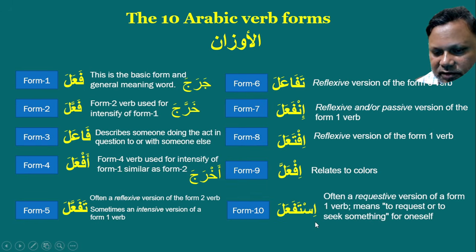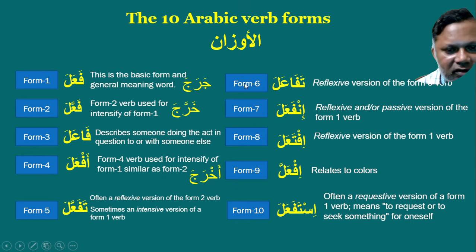And form 10 is istaf'ala. This type of verb is used to request something from someone, or to seek something from someone, or from oneself. Astaghfirullah comes from this verb, from the form 1 verb.